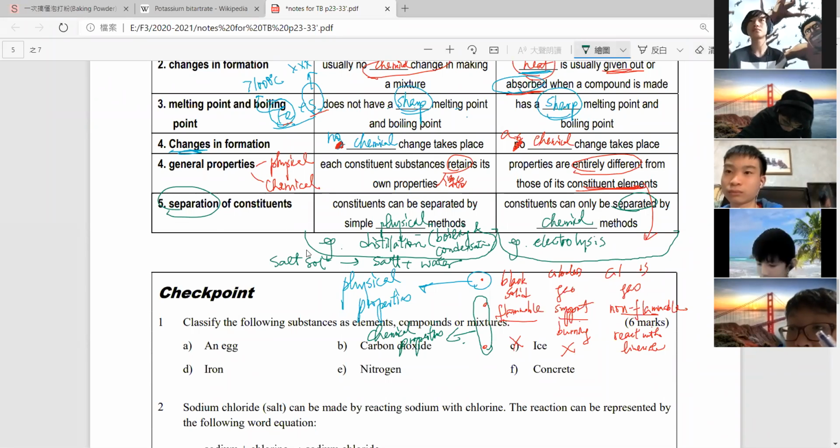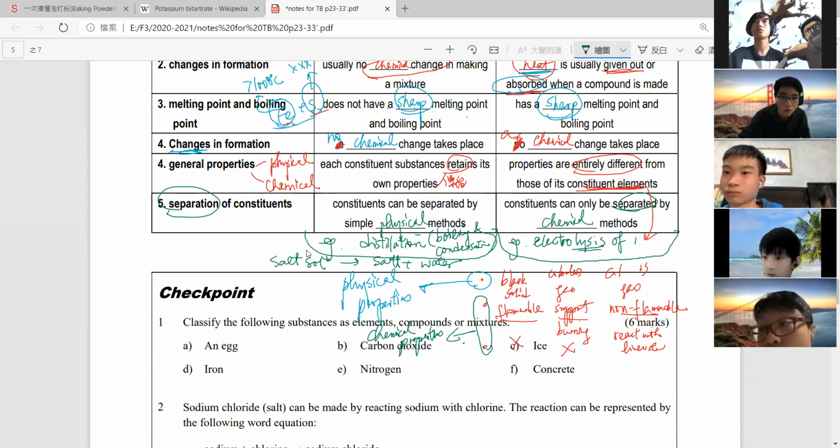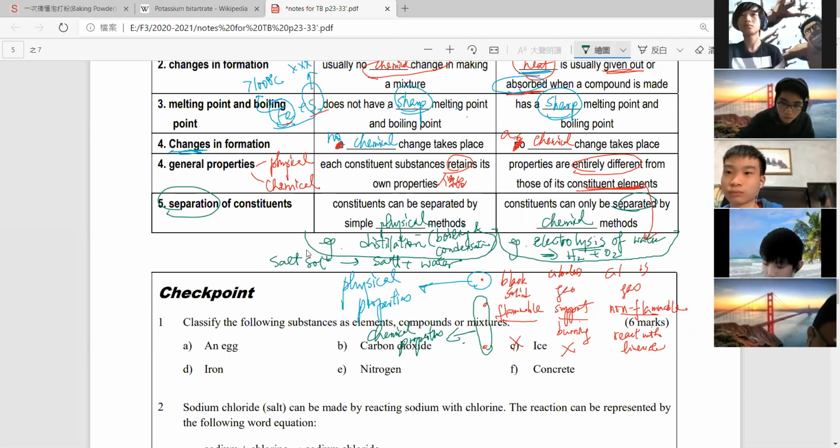Electrolysis, using electricity to break down something. Electrolysis of water. So what will be formed? I form hydrogen gas and oxygen gas. Okay, I separate H2O into hydrogen gas and oxygen gas. Any questions so far? Easy? Difficult? Or what? Any questions?